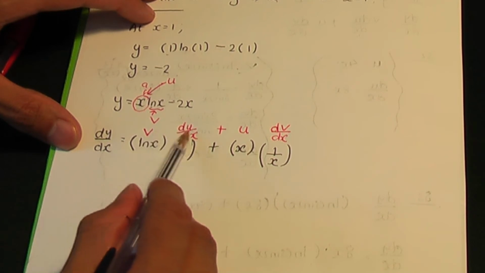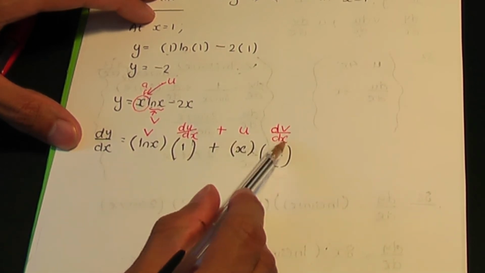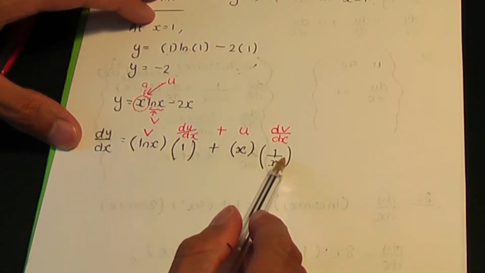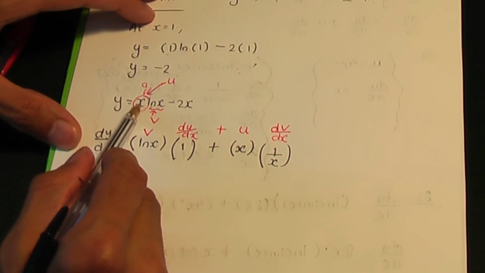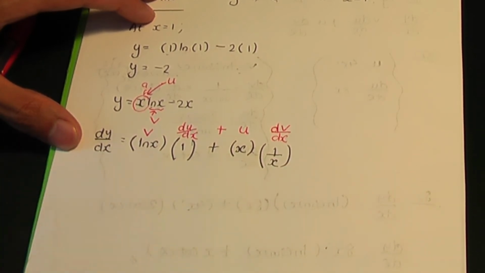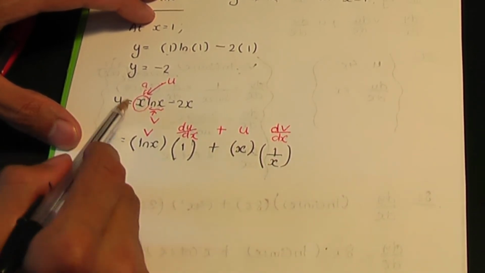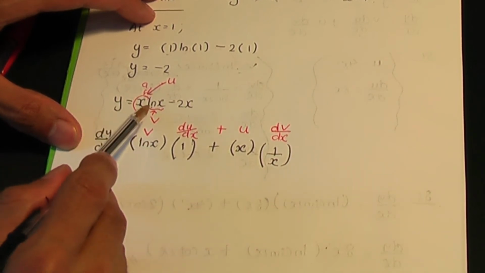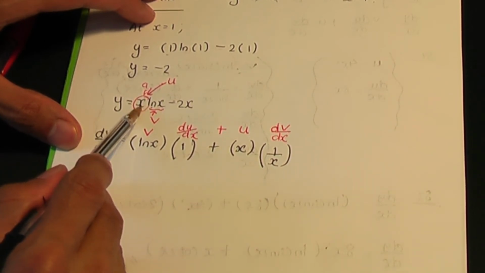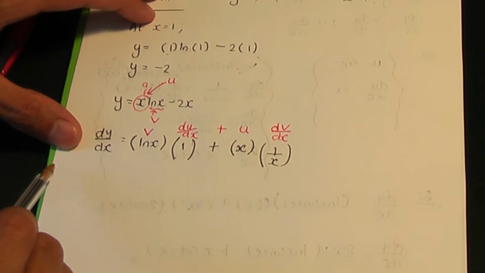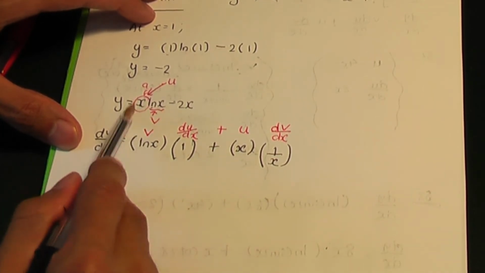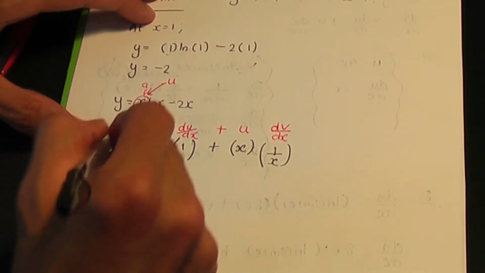So I've written down the product rule above in red, and I applied the product rule here to the function x ln x. And just to go back quickly, we're using a product rule because the term in front of our function is a function of x, okay? And also we have a product of two functions.